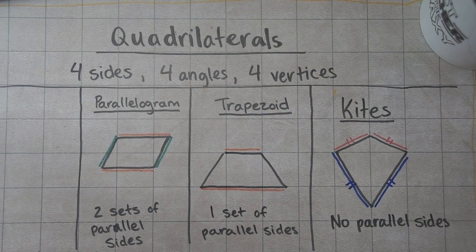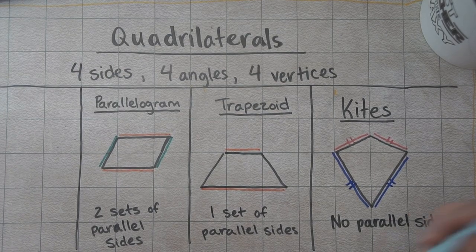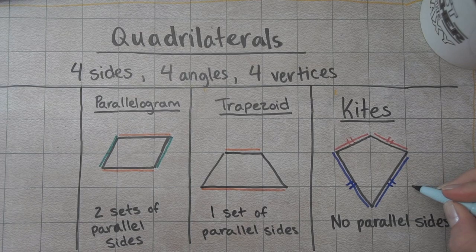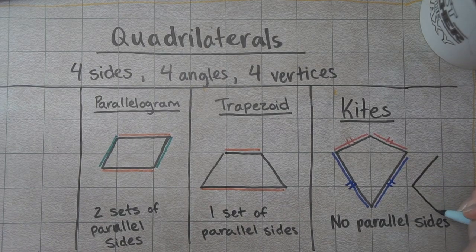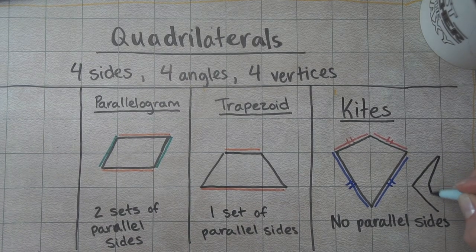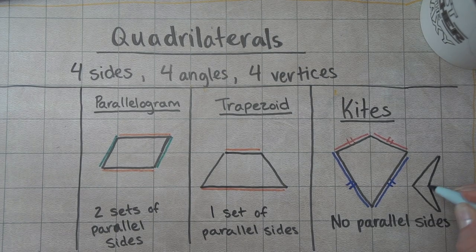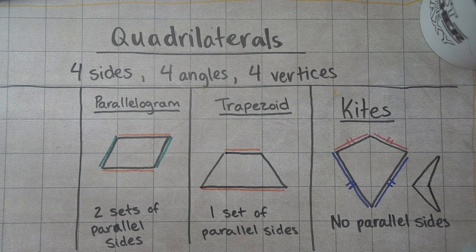You might have also seen a weird shaped kite in geometry class, where it's flipped like this. It looks kind of like a dart that you would throw, or an arrow. But it's still a kite because these sides are not parallel.